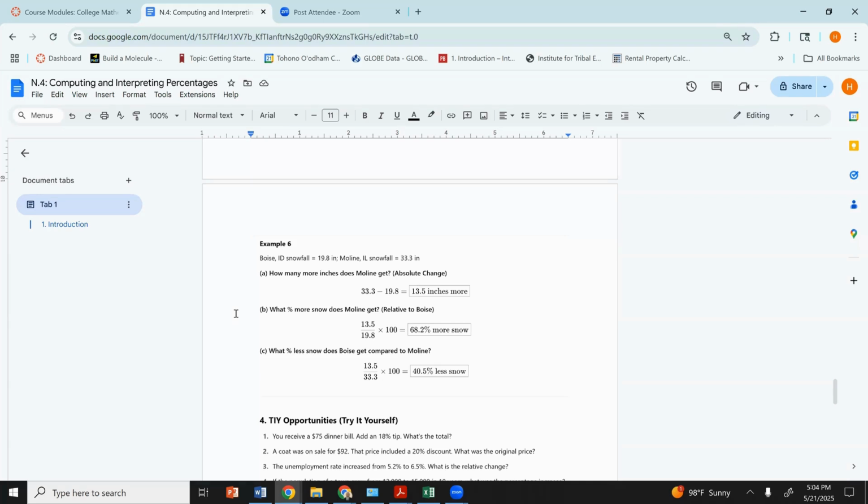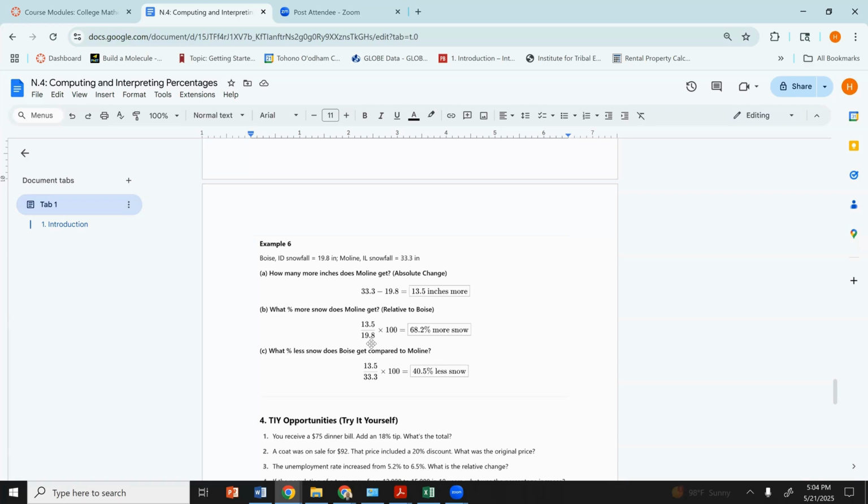Part B is, what percentage more snow does Moline get? We get into percentages here. This is how much more snow Moline is getting compared to Boise, Idaho, and 19.8 is the snowfall in Boise.